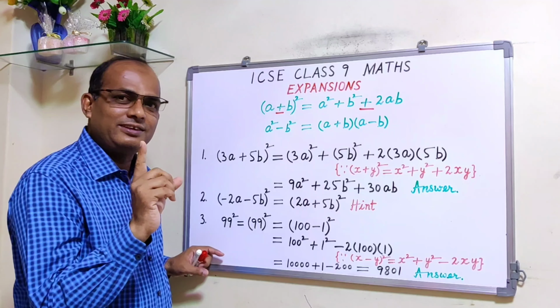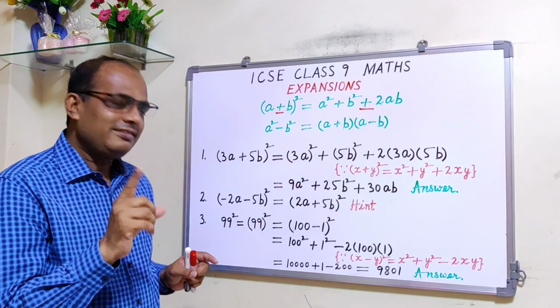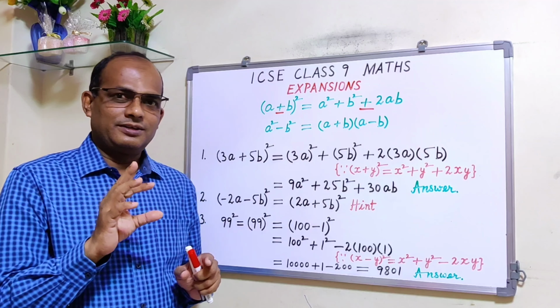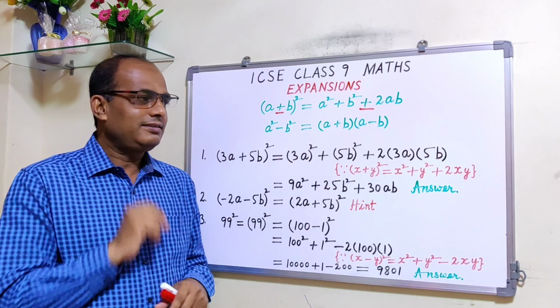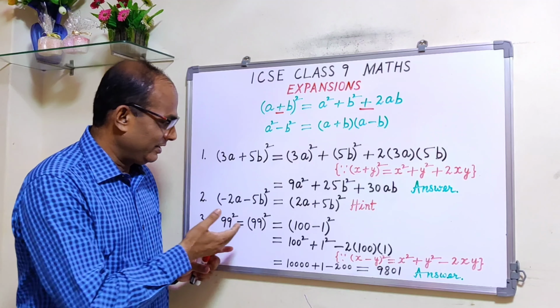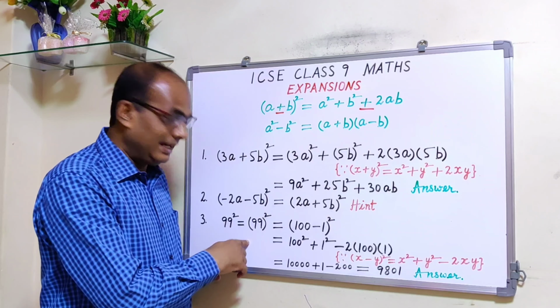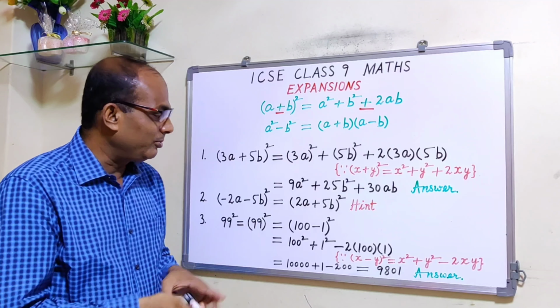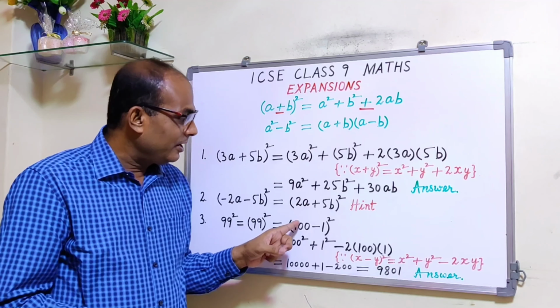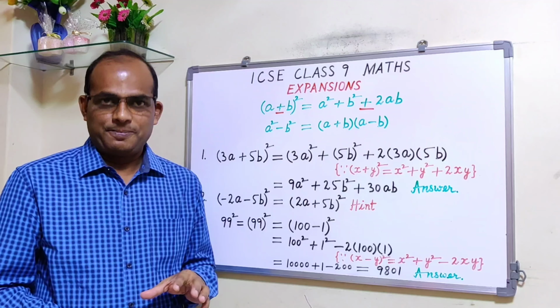I know some of the students ask this question, few students might be thinking, why sir is writing 100 minus 1 when we can write 99 as 98 plus 1 also, or 90 plus 5 also. The answer to this question is because squaring of 100, squaring of 10, squaring of 1000 is easier.